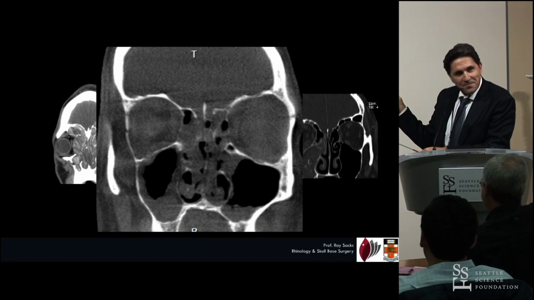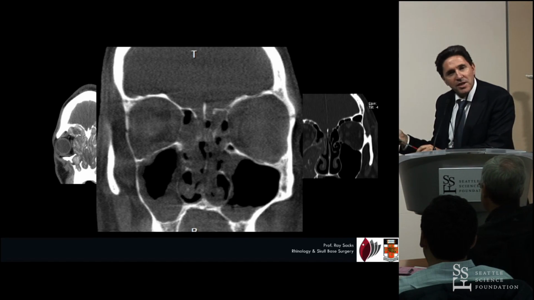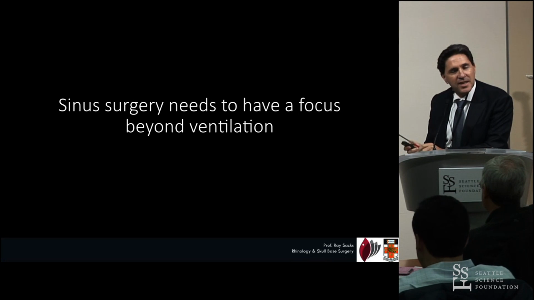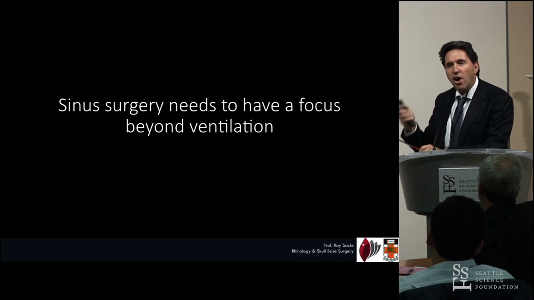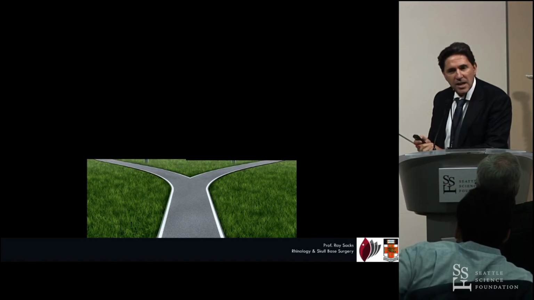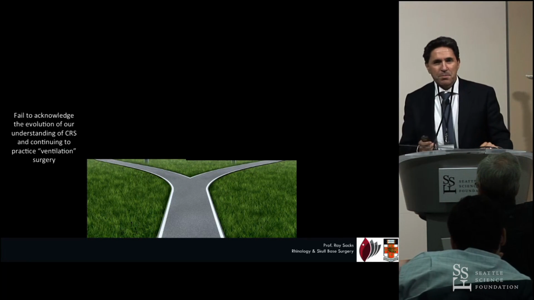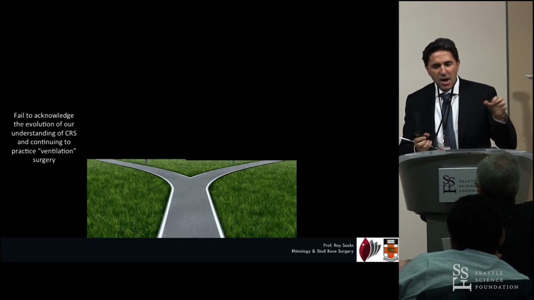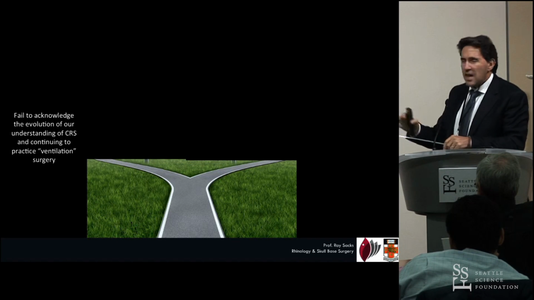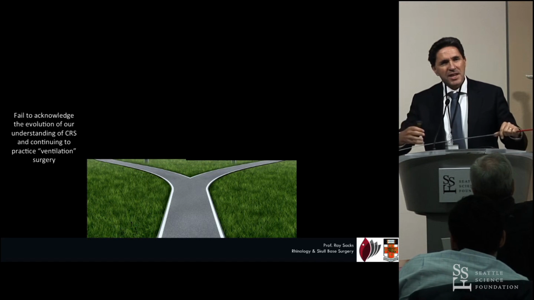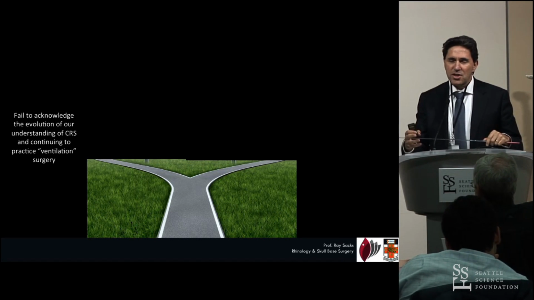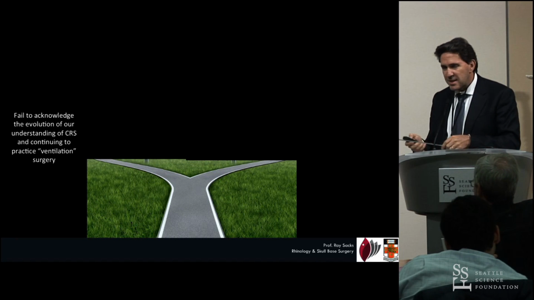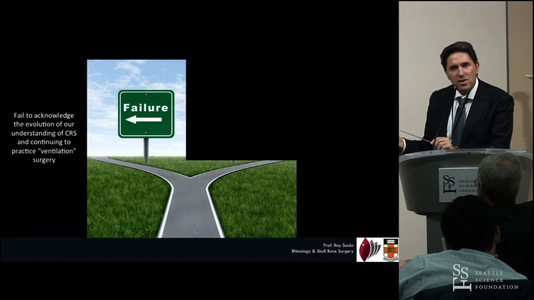But this is an inflammatory condition, and you really need to think of sinusitis as an inflammatory condition. It needs to have a focus beyond just ventilation. So if you're looking at the sinus patient and you take the pathway where you really fail to acknowledge that our understanding of CRS, our philosophy of CRS, has changed significantly over the last 30 years, and you continue to practice true ventilation surgery, in the large majority of cases, you're bound to fail.